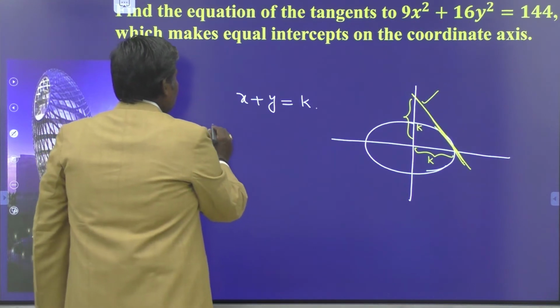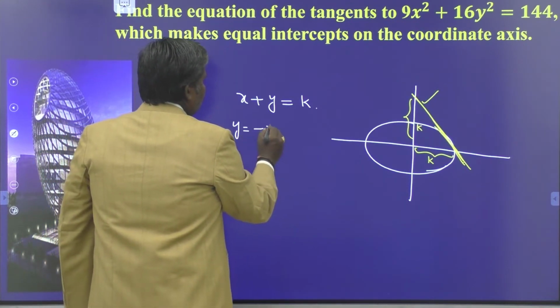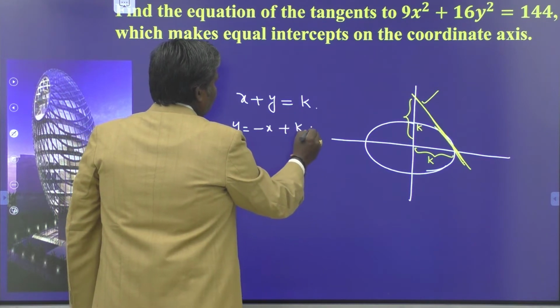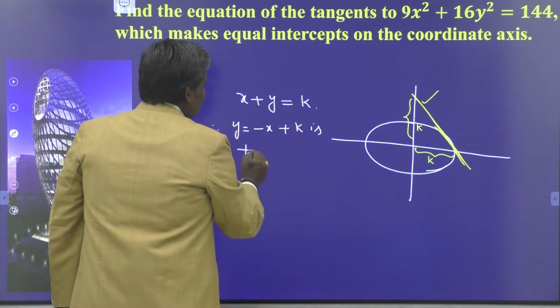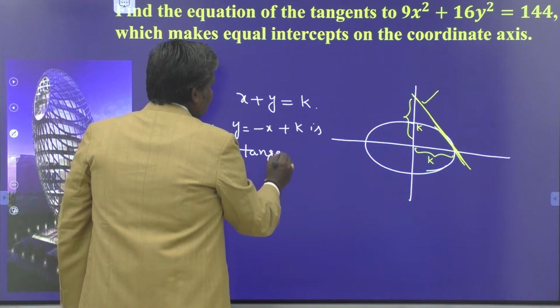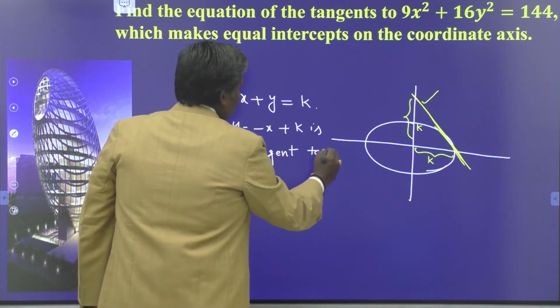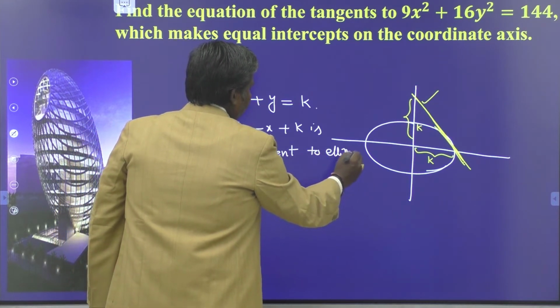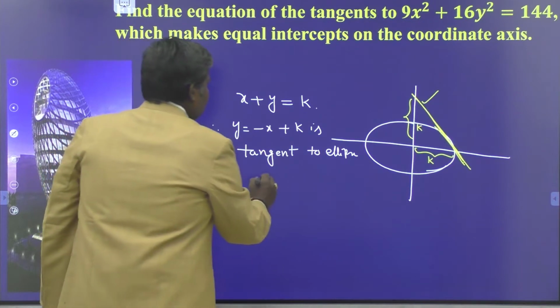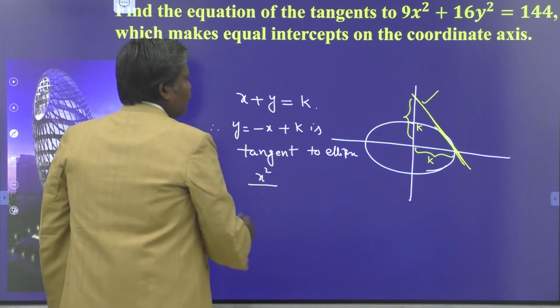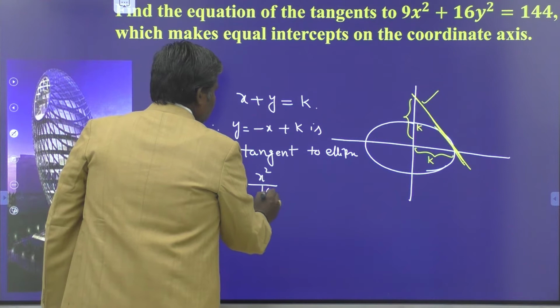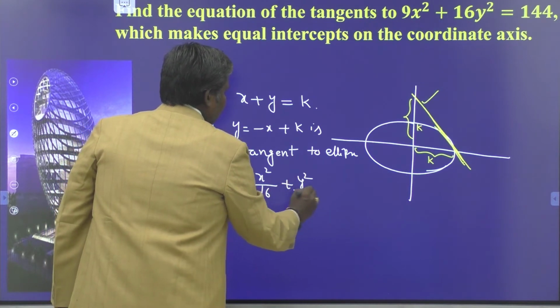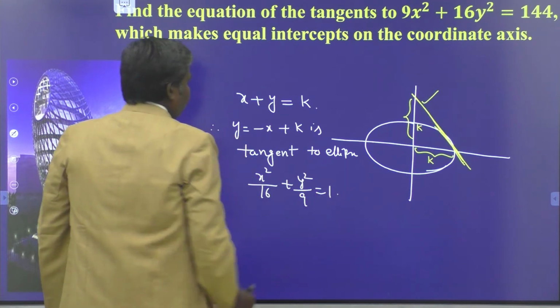So this can be written as y is equal to minus x plus k, which is tangent to the ellipse. What is your ellipse? If you write in the standard form, x square by 16 plus y square by 9 is equal to 1.